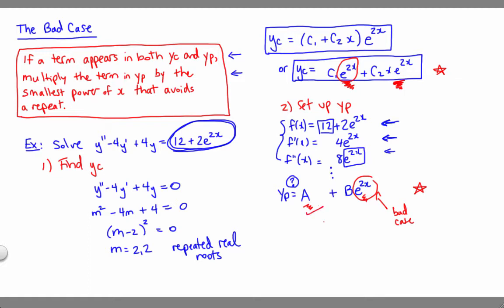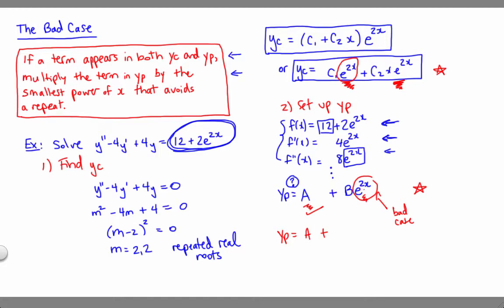The a is fine. So we're going to adjust yp on a term-by-term basis. We're going to say a is fine, no change required, but we're going to have to deal with this second term here. Okay, so what do we do? We multiply the problematic term in yp by the smallest power of x that avoids a repeat. So we could ask ourselves, is multiplying by x going to be good enough?